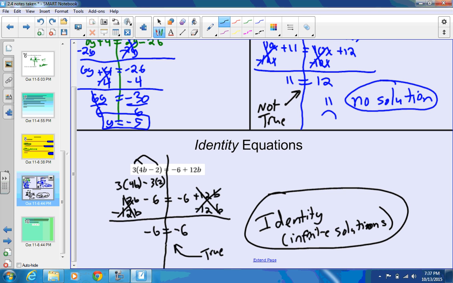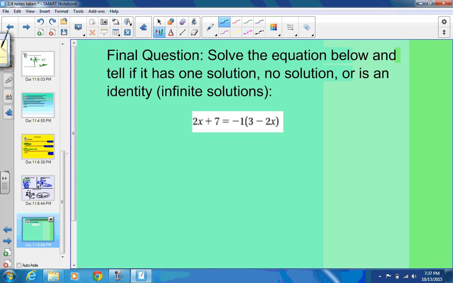So you need to know the difference. And I want you to practice that with this one last example. I want you to solve the equation using the correct steps that we've been working on and tell if it has one solution, no solution, or is an identity. So go ahead, pause that, and do that.